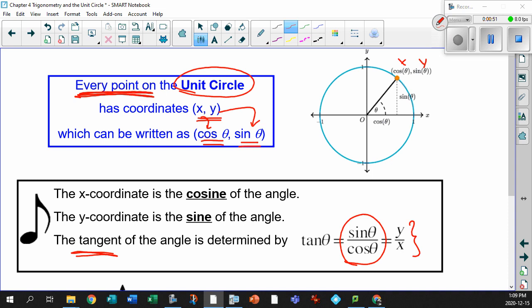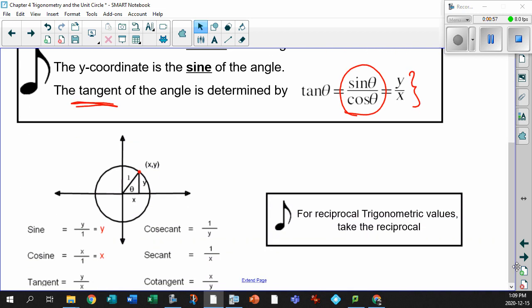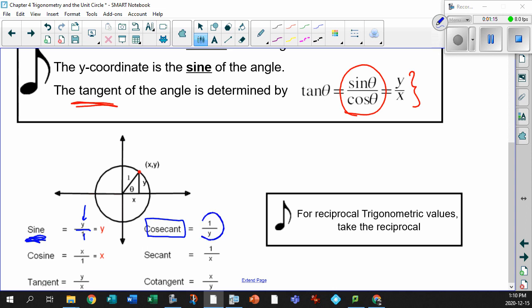That's amazing. But what about our reciprocals? Do you remember them? The reciprocal trigonometric ratios? Piece of cake. All the sine values are y's, but remember, they were originally over 1. So our cosecant values, which is the flip of sine, is the reciprocal of whatever it was.